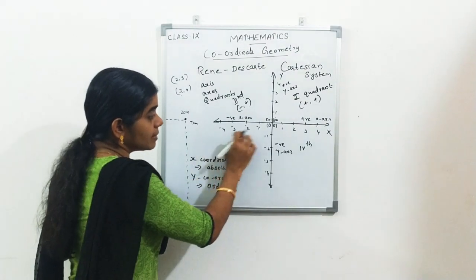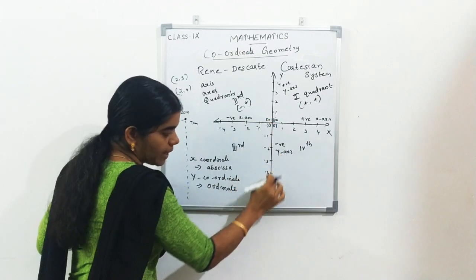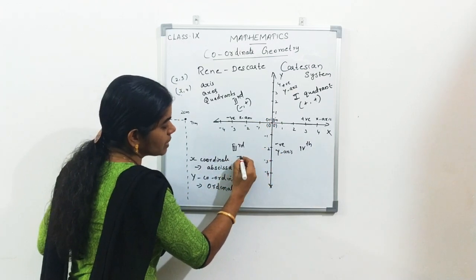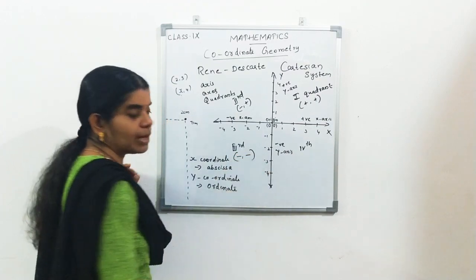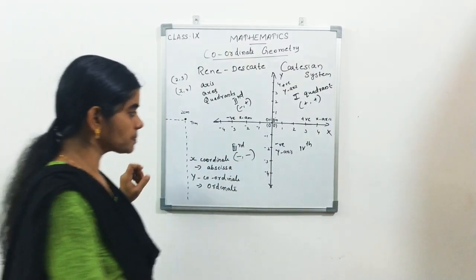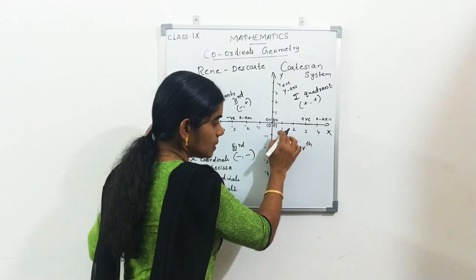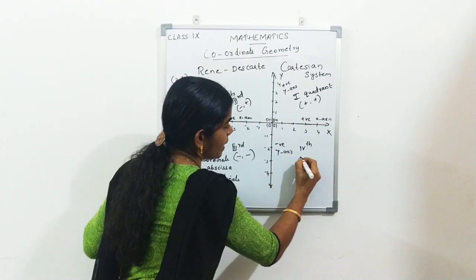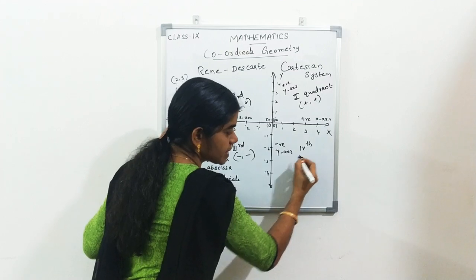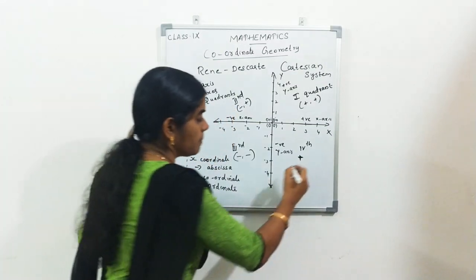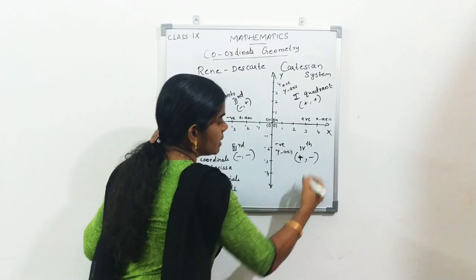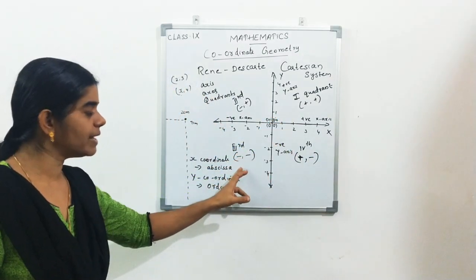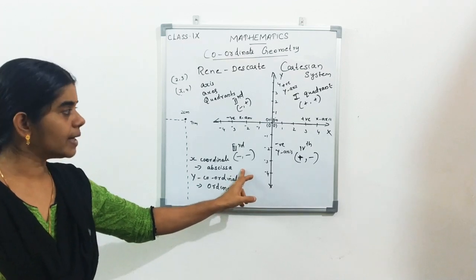Then what will be in the third quadrant? X will be negative, y also will be negative. In the third quadrant, both x and y values will be negative. Next, in the fourth quadrant, x will be positive, y will be negative. Normally we write x first, y next. All values will be positive in the first quadrant, all will be negative in the third quadrant.